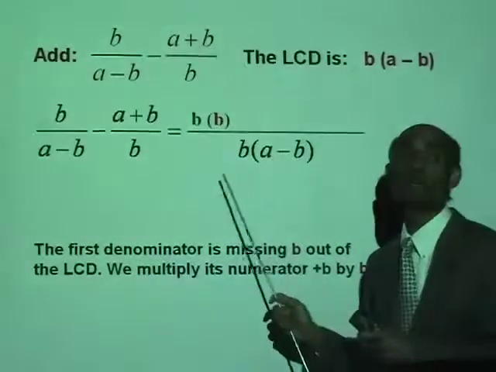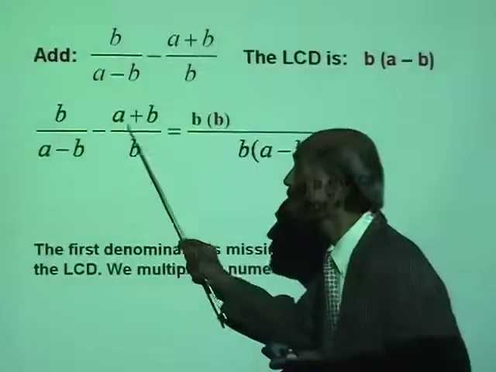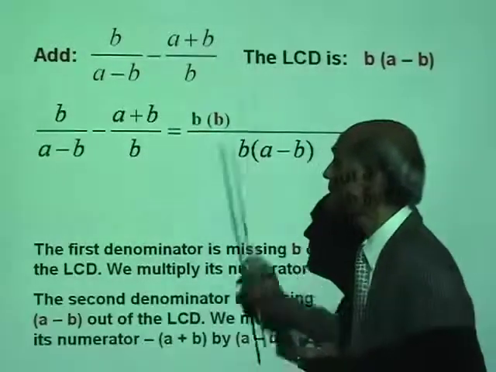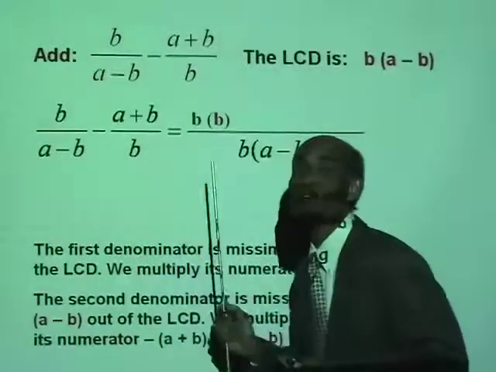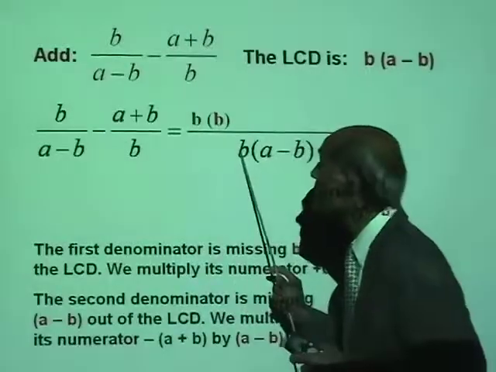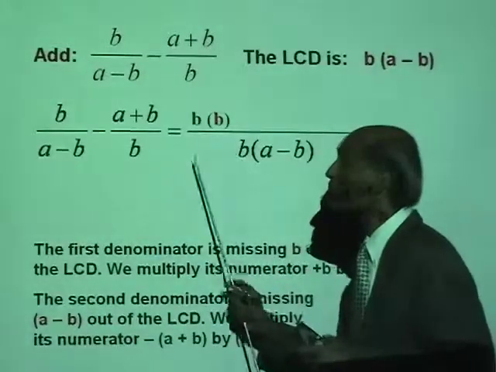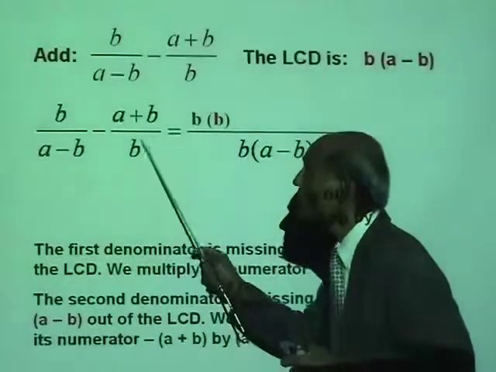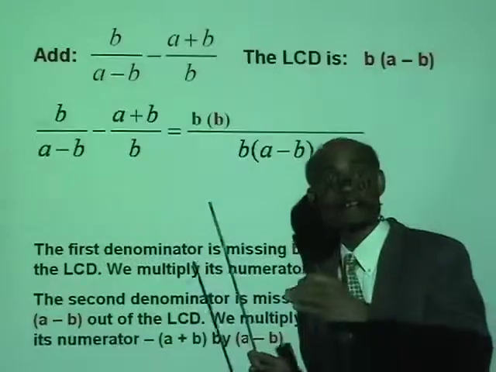b times b. Alright, look at this. Minus the quantity a plus b. The second denominator, what is the second denominator missing? The second denominator is b. It is missing this a minus b. So, the second denominator is missing a minus b from the LCD.